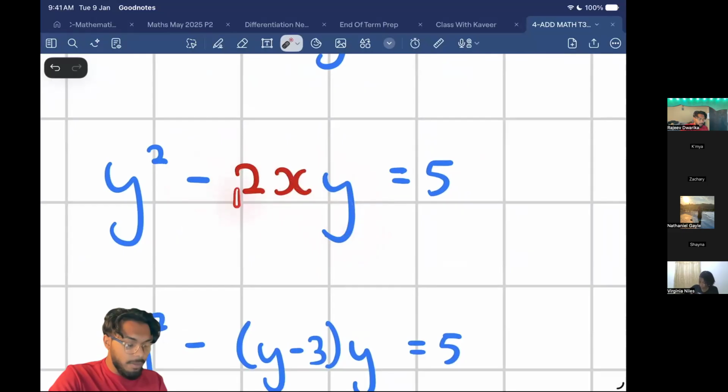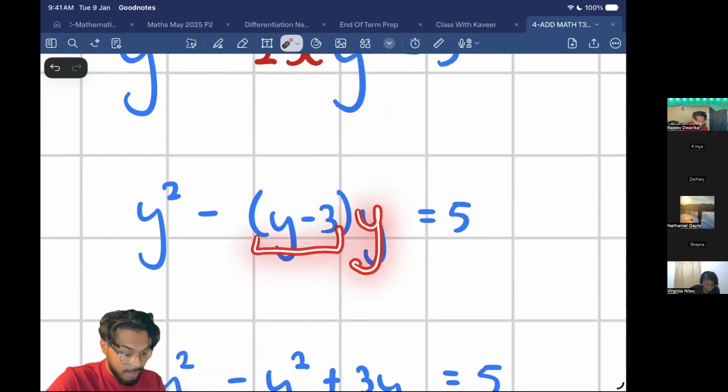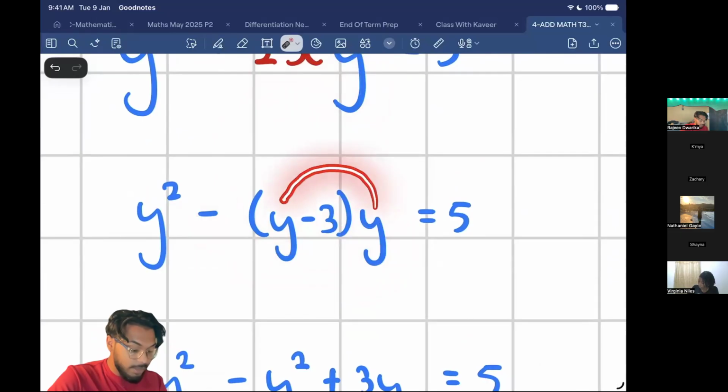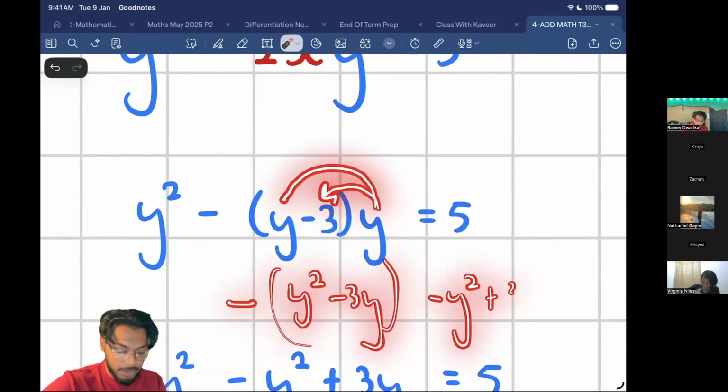So you are multiplying 2x by y. So everything over here, you're multiplying by y. And you also have a negative sign on the outside. So y by y, that's y squared. And y by minus 3, that's minus 3y. But then you have a minus sign on the outside. So that gives you minus y squared plus 3y.